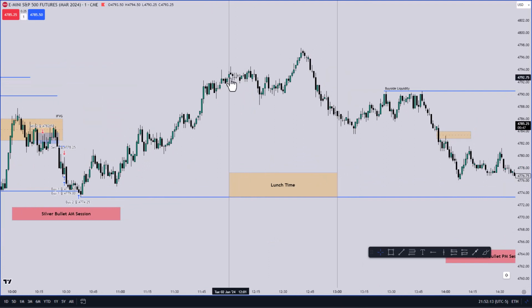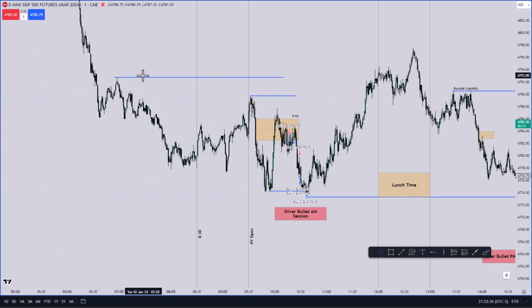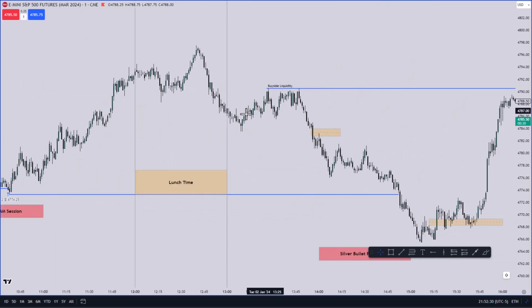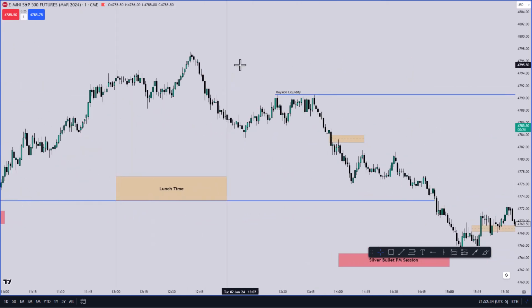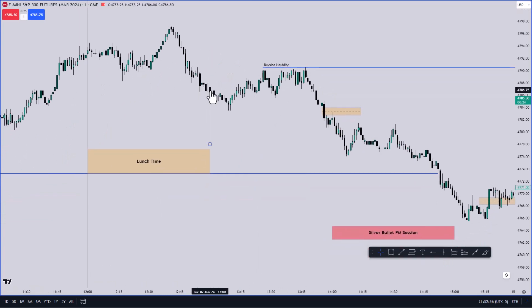So here's the lunchtime. I'm not really trading during lunchtime, but as ICT says, lunchtime seeks liquidity. So there's a little bit of buy side on this side, and also buy side from previously in the morning. They were all taken out, and around 1300, which is 1 p.m., it starts looking for sell side.